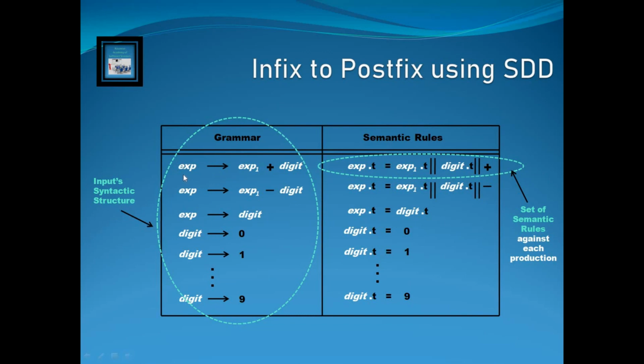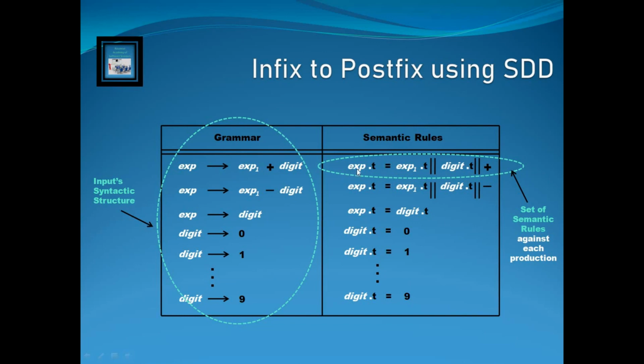For this infix form, expression can have the form of expression plus digit, as we have learned, its postfix form will be the postfix form of this sub expression, then the postfix form of this digit, and then the operator will come. So the semantic rule is giving this information.